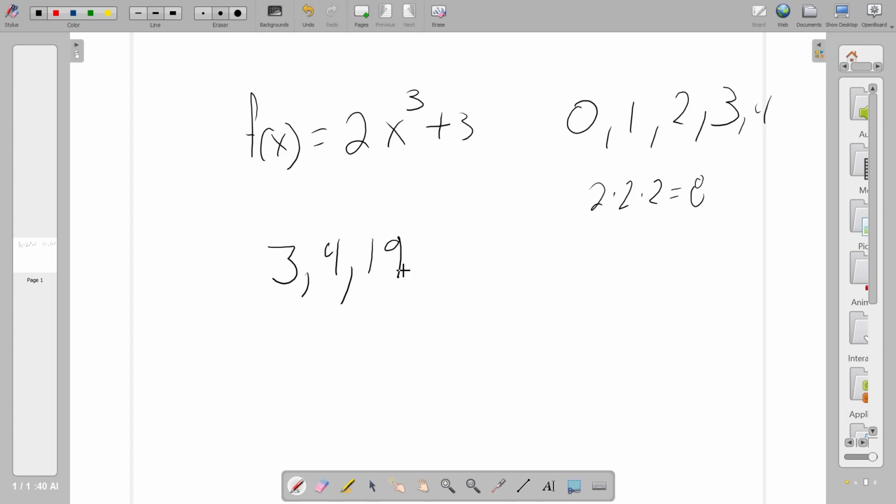That's a big jump. Then let's do 3. 3 cubed, as we talked about earlier, 3 times 3 is 9, times 3 is 27. 2 times 27 is 54, plus 3 is 57.